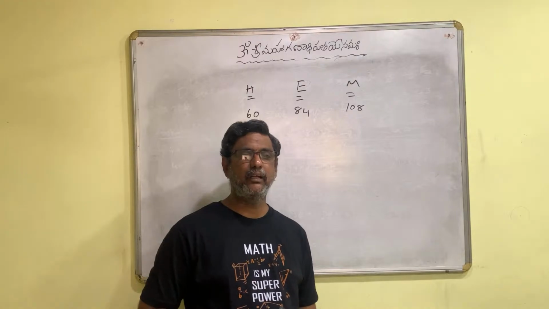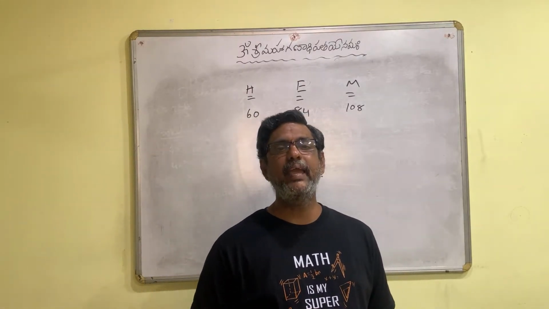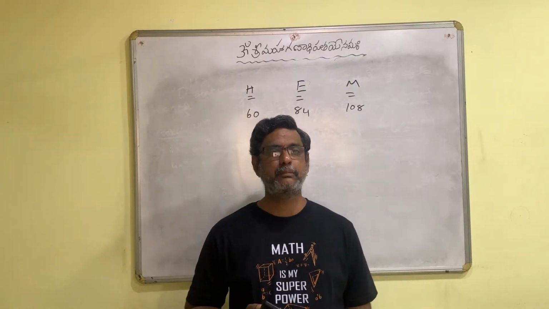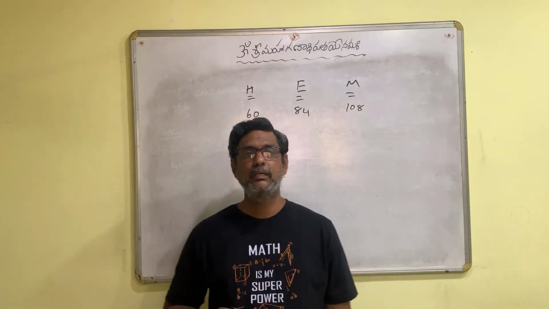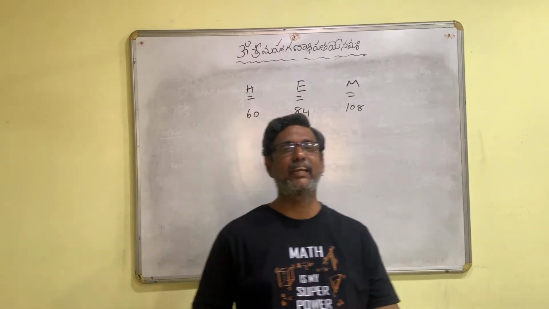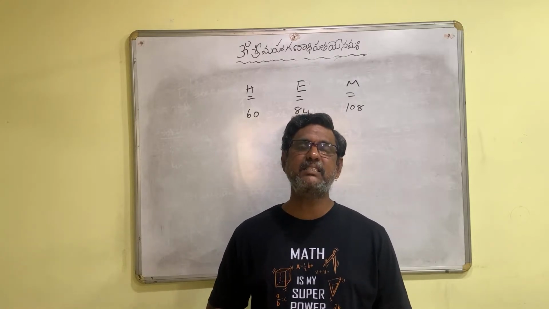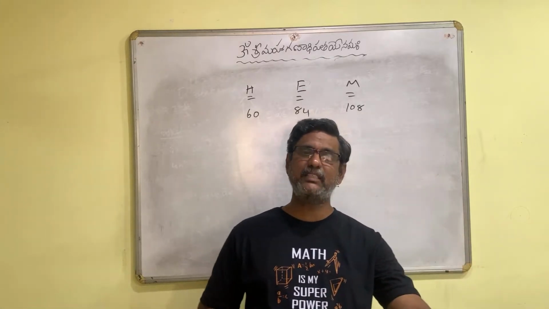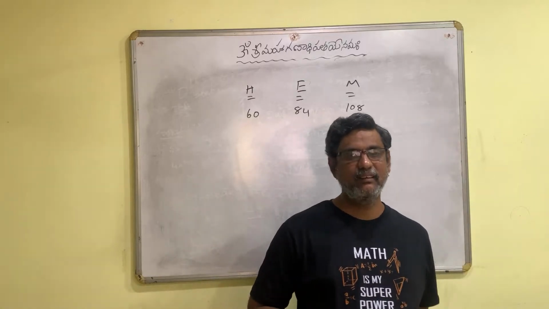But there is a condition that in each room the same number of participants must be there. That is the first condition. Second condition, in each room the participants are of the same subject.